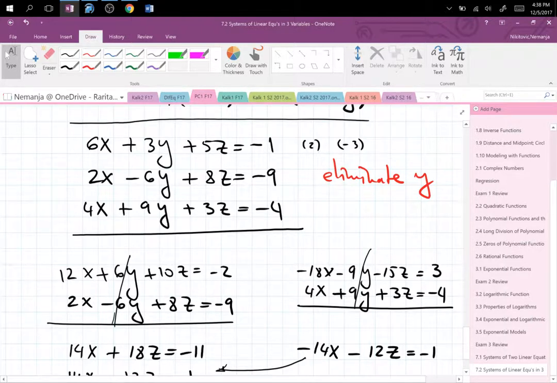Because I have positive 9. So negative 3 times, negative 18, negative 9, negative 15, positive 3, and then I copy this equation, and when I add them... If you get positive 9, then shouldn't it be 9? No, but then it's negative 1.